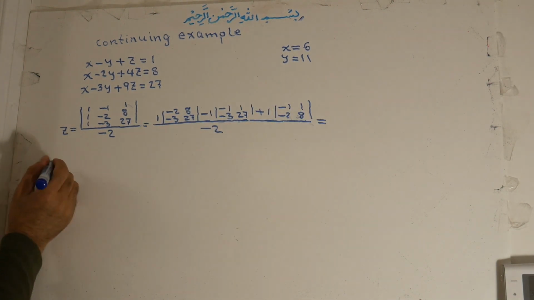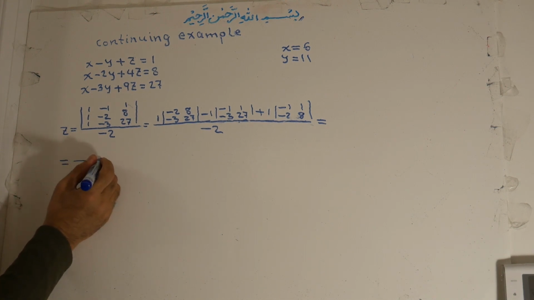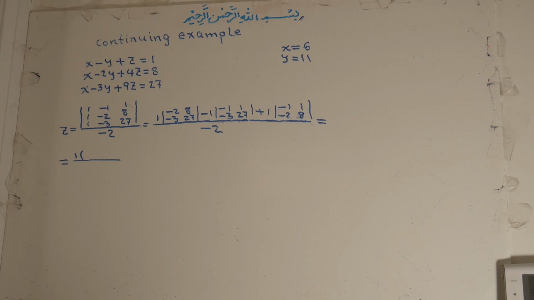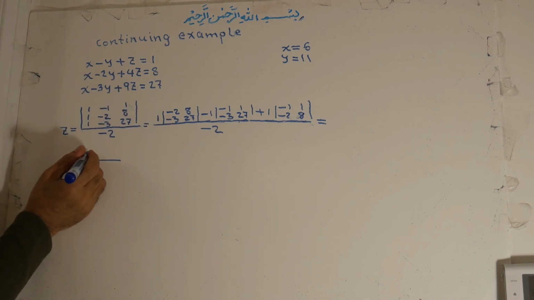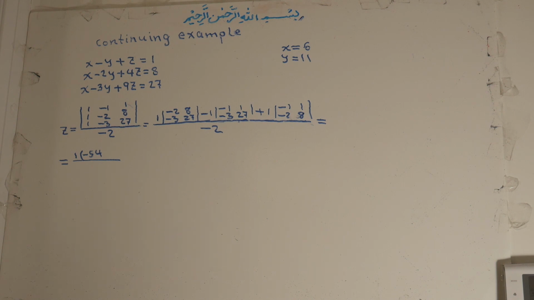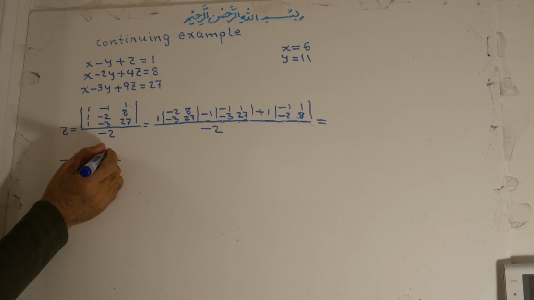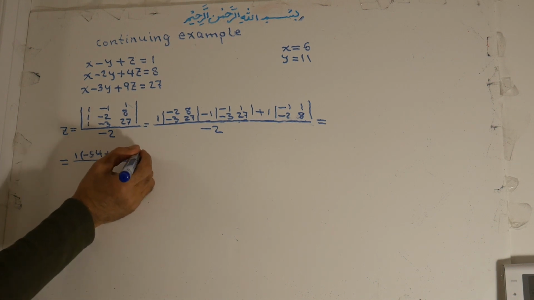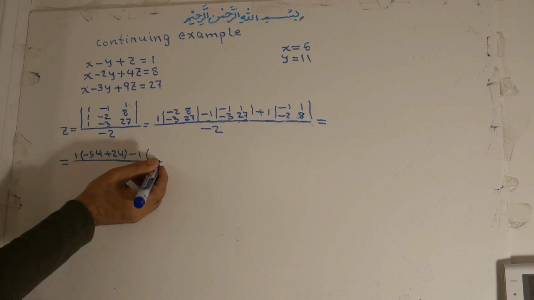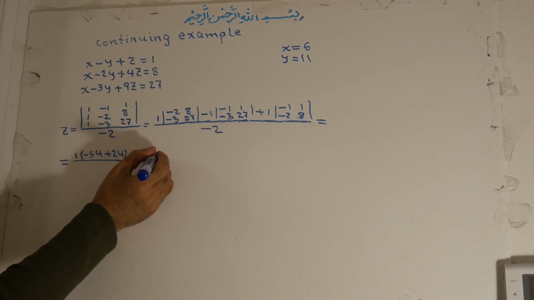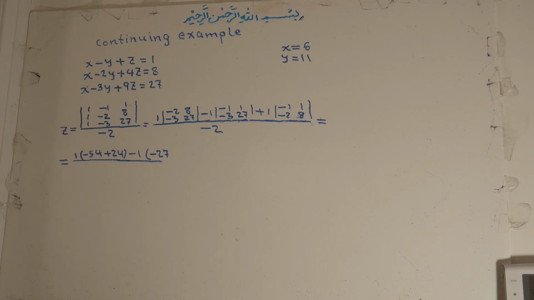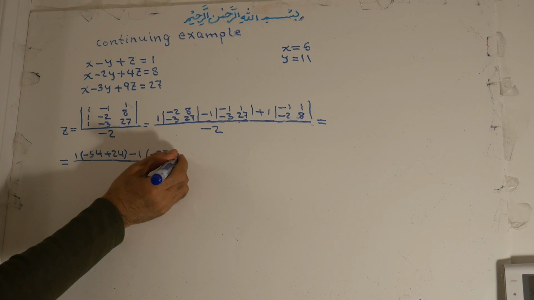Now this is equal to 1 times, minus 2 times 27 becomes minus 54. Minus 2 times 3 becomes minus 6, with the opposite sign becomes plus 6. Then minus 1 times, minus 1 times 27 becomes minus 27. Minus 3 times 1 is minus 3, with the opposite sign becomes plus 3.